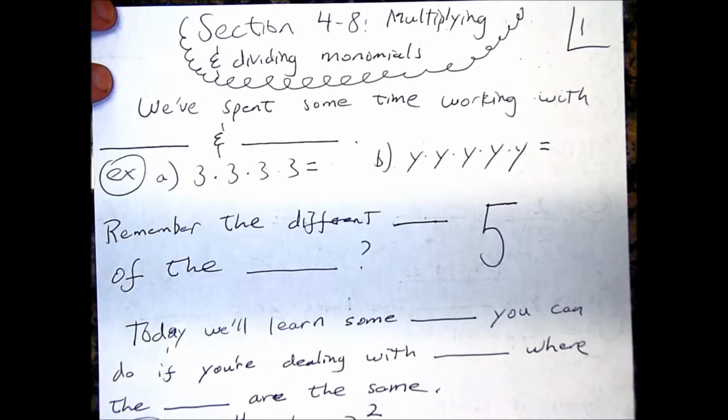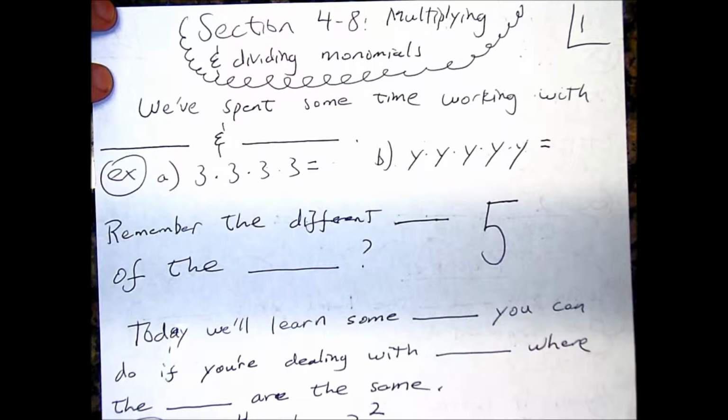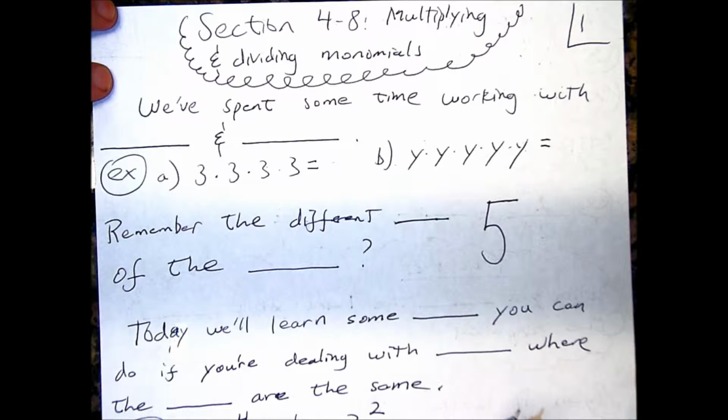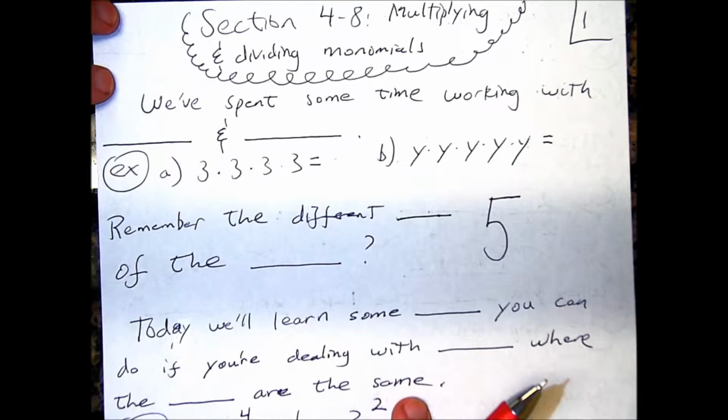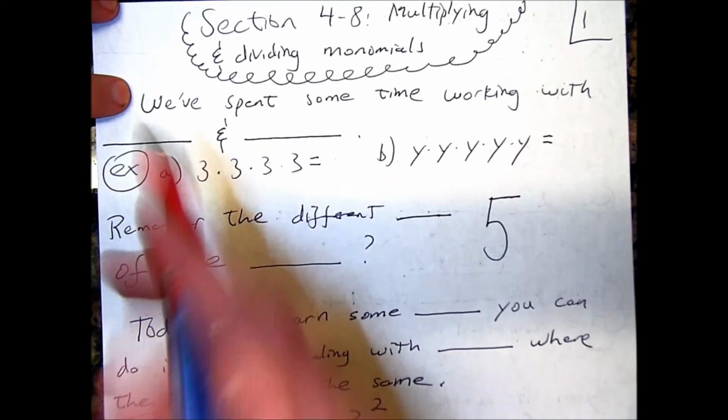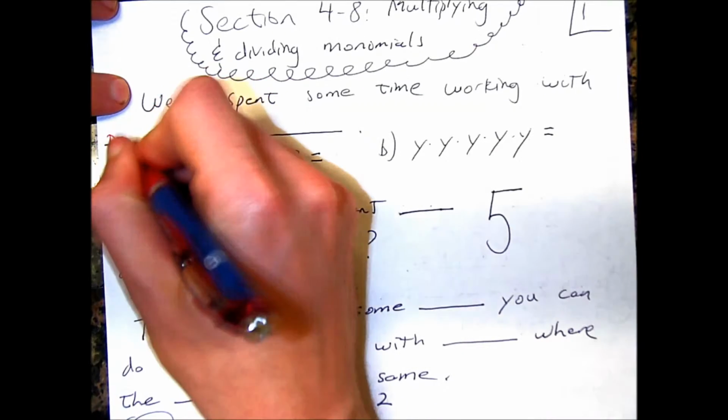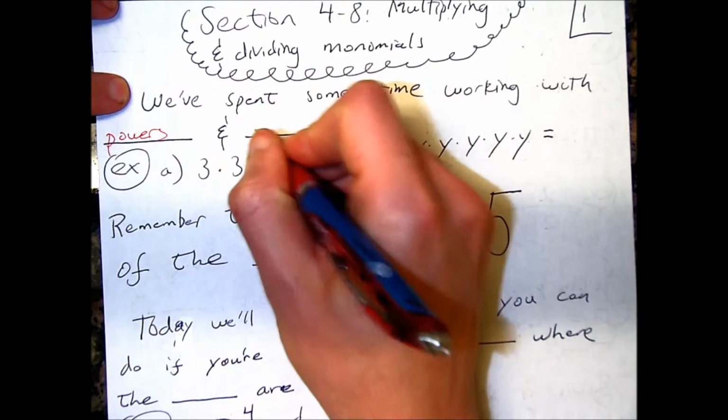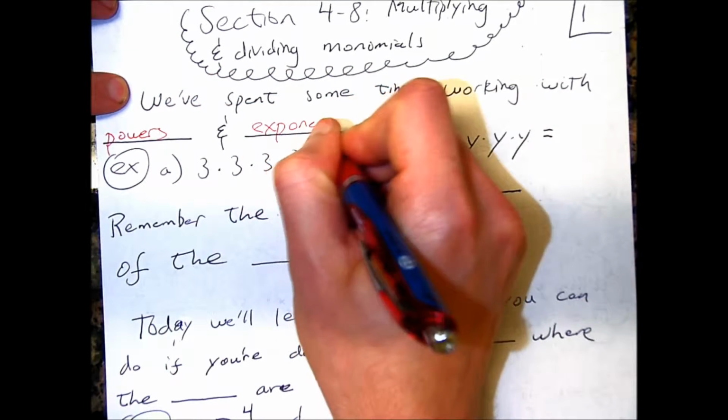So this section, 4.8, is all about multiplying and dividing monomials. And that sounds a lot more complicated than it really is. If you remember, I think it was section 4.4, we spent some time working with powers and exponents, right?